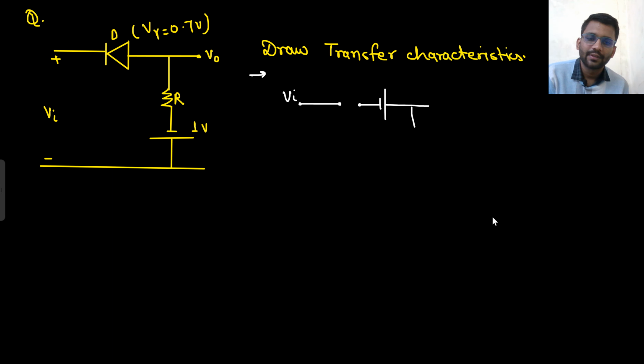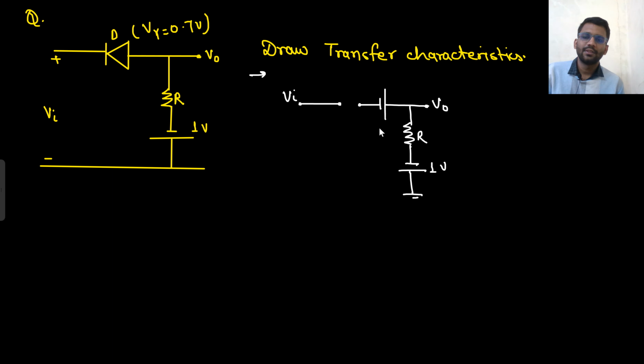This point is V naught, this point is resistance R, this point is minus 1 volt. It is R, this point is 0. So tell me what will be the potential of this point. If this is 0, we are taking the battery out of it. This is 0, this is minus 1, this is minus 0.7. So this is minus 1.7.